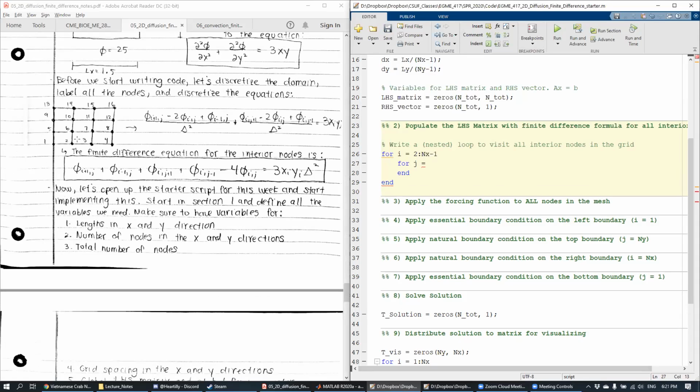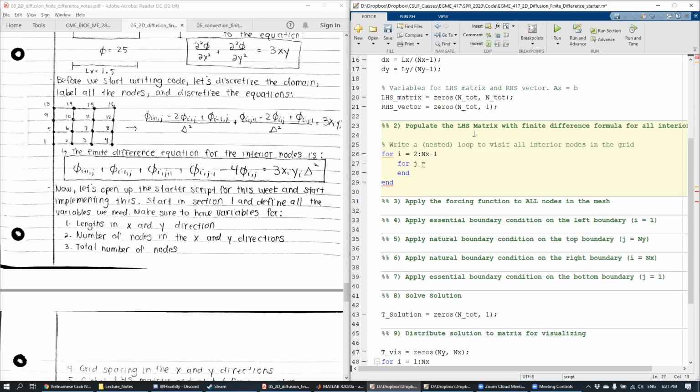Because if you look at the ij representations of this, we know that i is going to go from 1, okay, on the left-hand side to nx, which is on the right, okay? But we don't want to go from the total left-hand side to the right-hand side. And so we only want to go from the 1 on the interior to 1 right before it ends, okay? And so that's the reason why we loop from 2 to nx minus 1 here, okay?